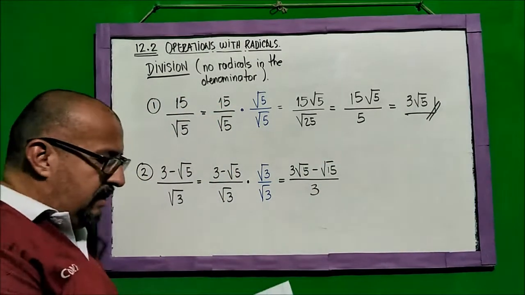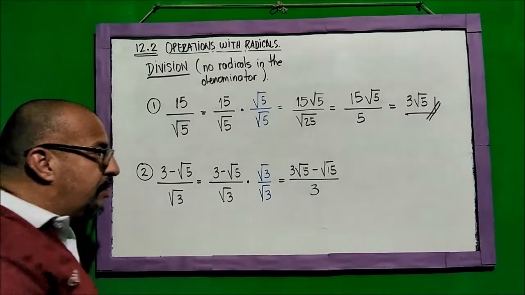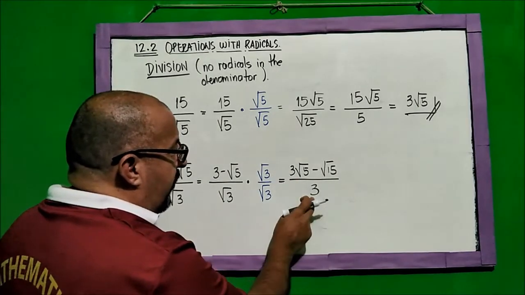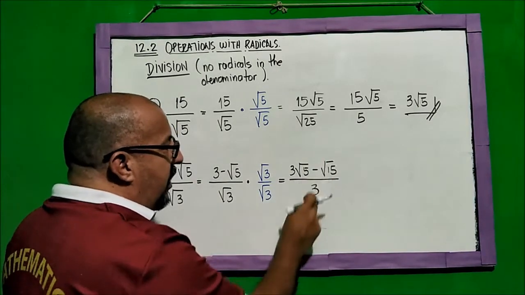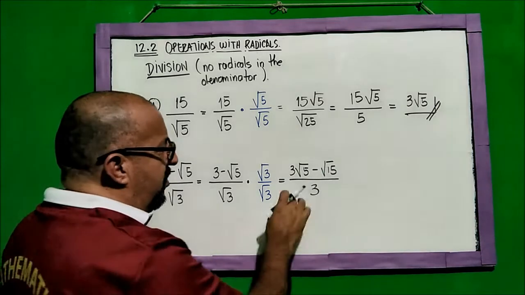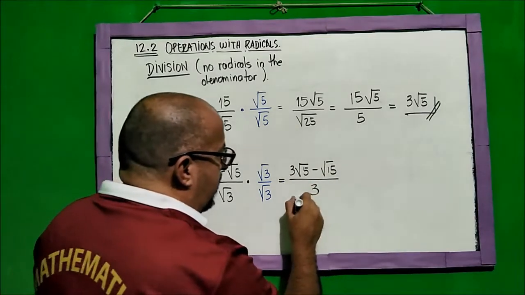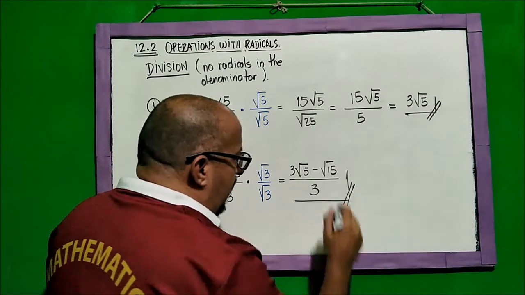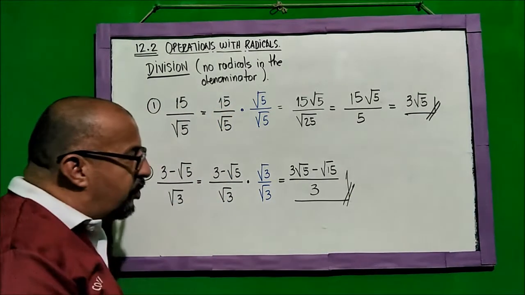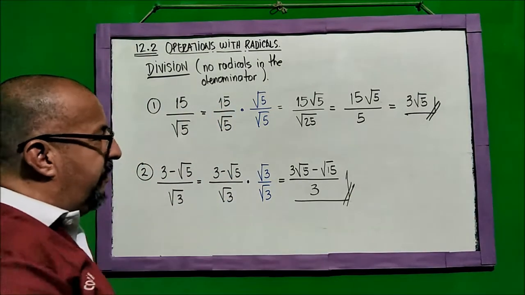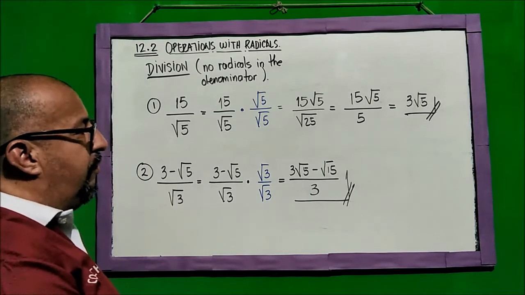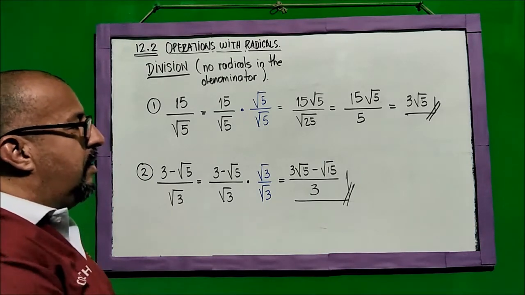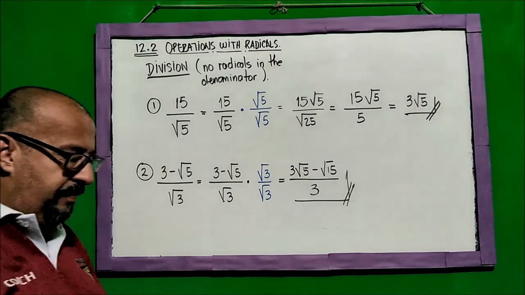And in this case, that will be my final expression, because even though I can simplify 3 with 3, I cannot simplify the second element with this one. So it's not necessary to do all the process, so we just leave it like this. So now we have the answer, 3 square root of 5 minus the square root of 15, divided by 3. Okay?